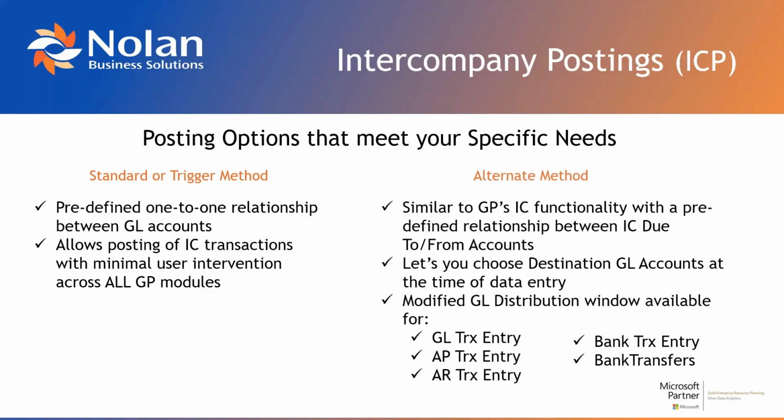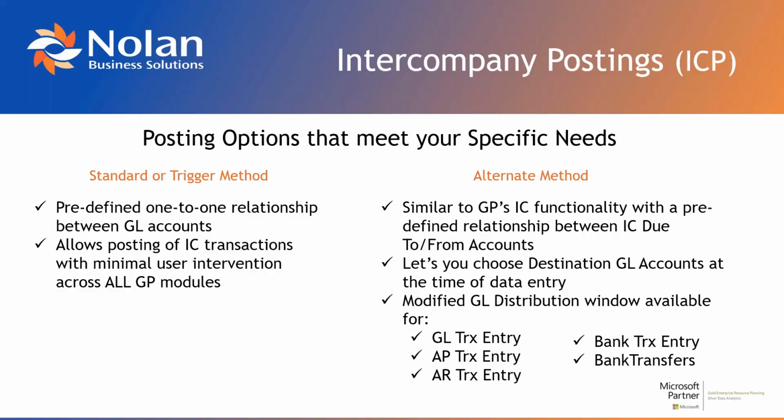The second option, for some individuals, is more similar to the GP intercompany functionality, where the only requirement from a setup standpoint is to create a relationship between the due to and from accounts between the source and the destination company.